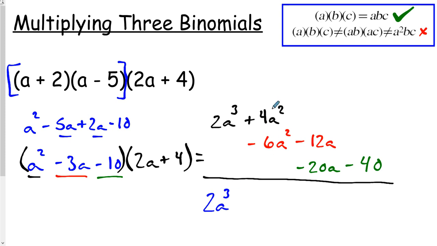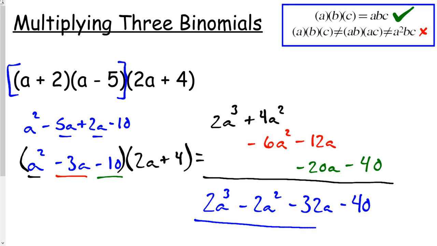This is going to give me minus 2a squared. These two like terms are going to give me a minus 32a, and just one like term here, so that's going to give me a negative 40. So that is what this product is going to be equivalent to, okay?